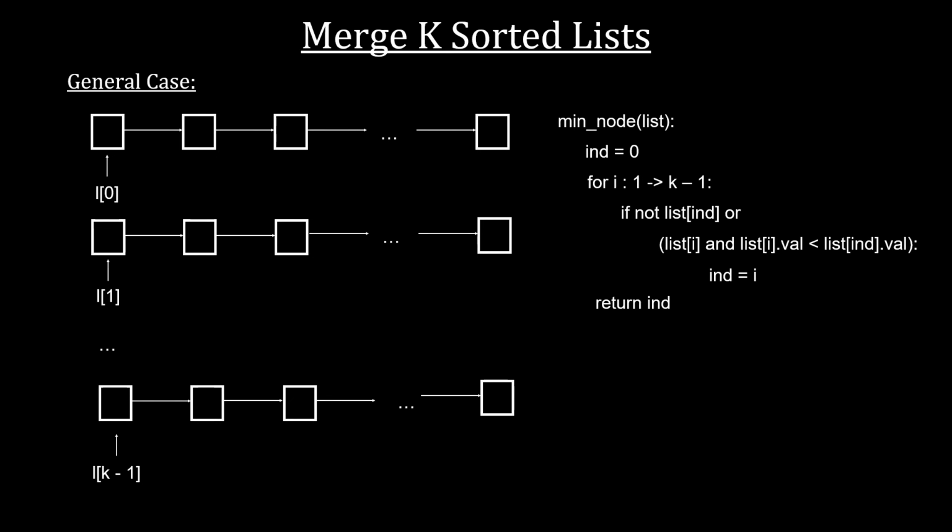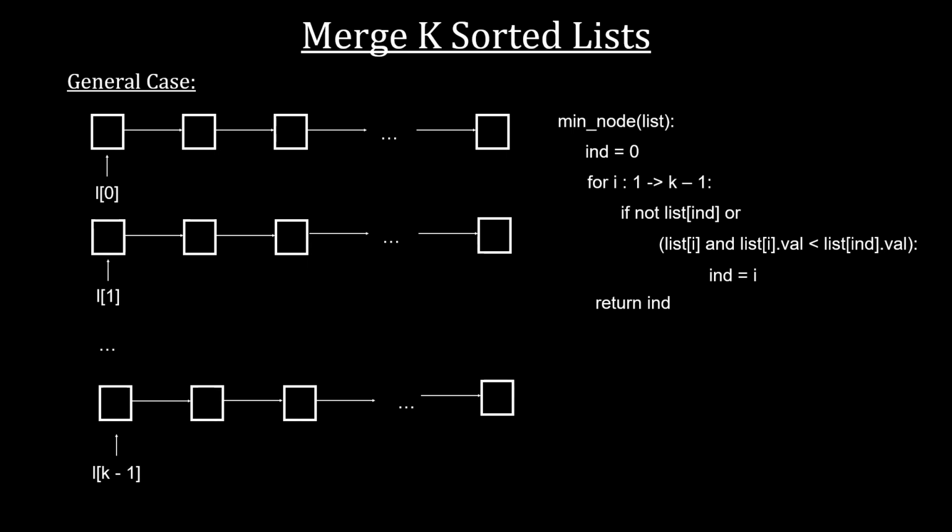Now let's take a look at the function min_node. It's basically the same strategy. We initialize a variable index with 0, supposing that list 0 is the smallest node. Then we iterate through each index I from 1 to k-1.